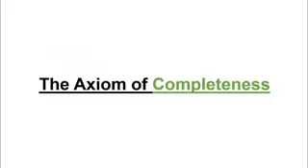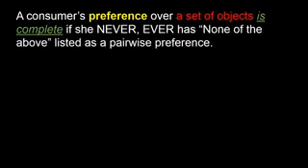We can now state what the axiom of completeness is. We say that a consumer's preference over a set of objects satisfies the axiom of completeness, or more simply, that it is complete, if she never has none of the above listed as a pairwise preference.